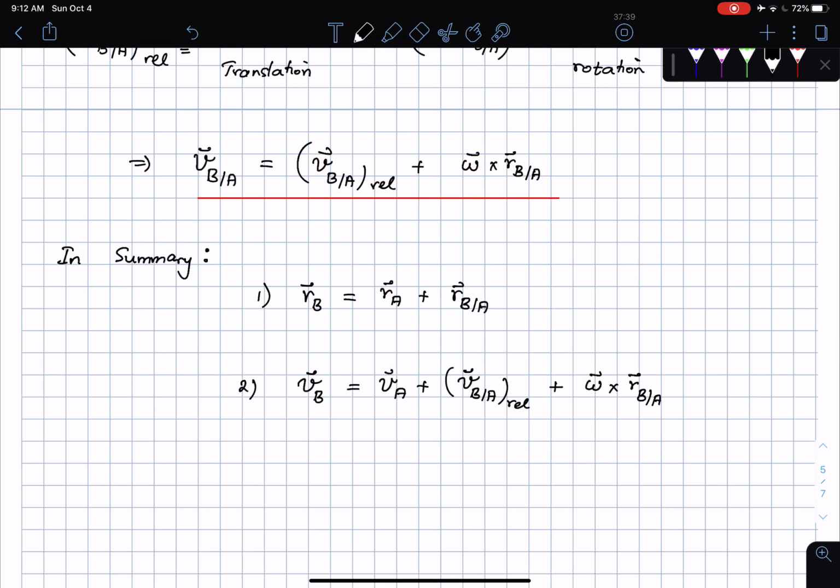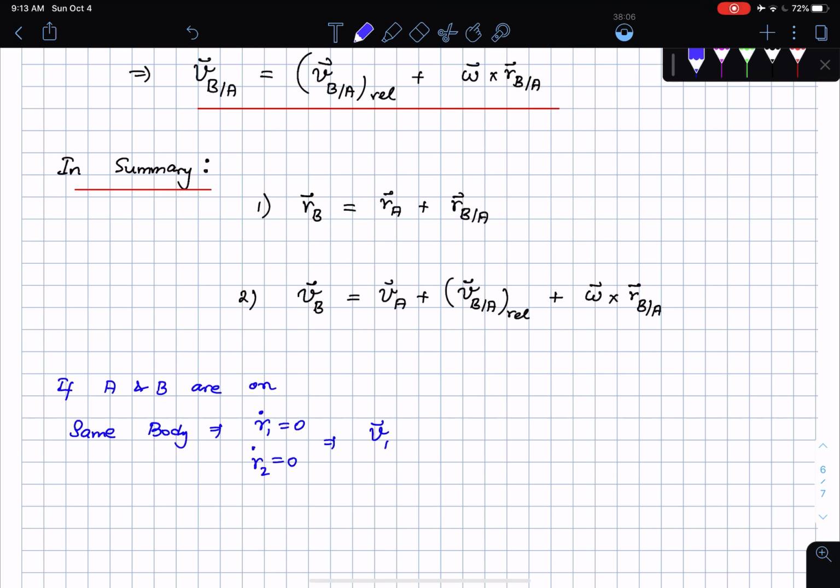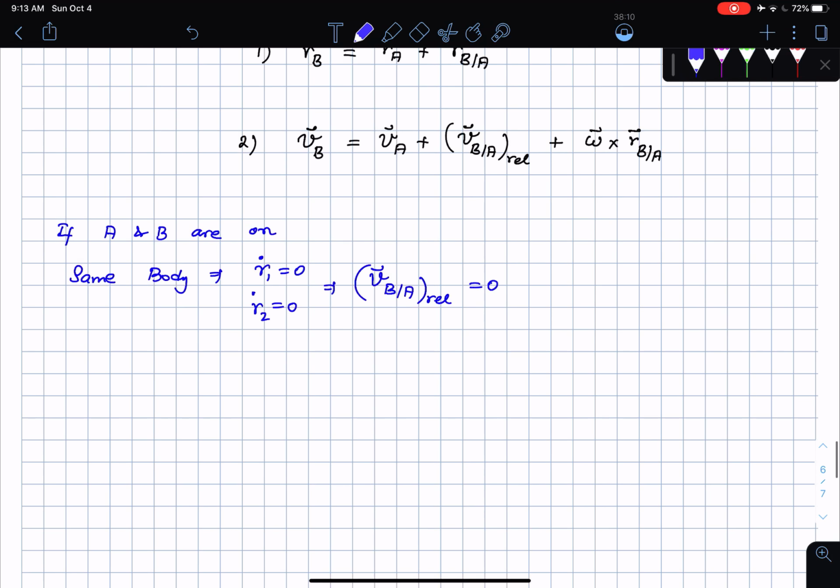Okay, now one thing I want to write down here. So this equation here, let me say, if A and B are on the same body, what happens? Then R1 dot is equal to 0, R2 dot is equal to 0, which means that V_B/A relative is equal to 0.